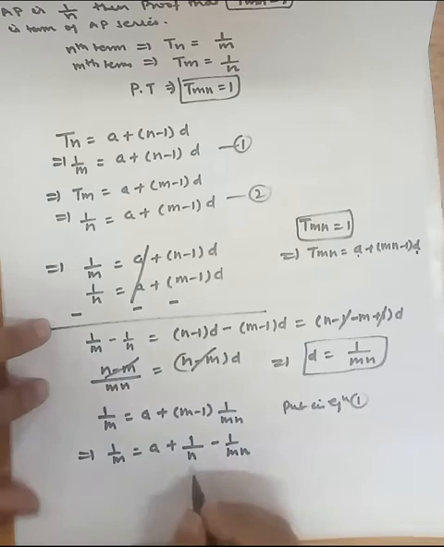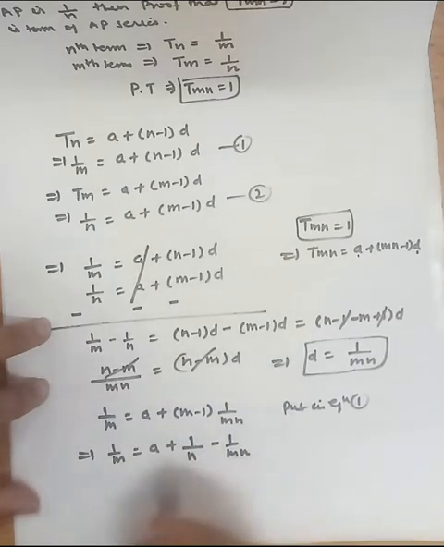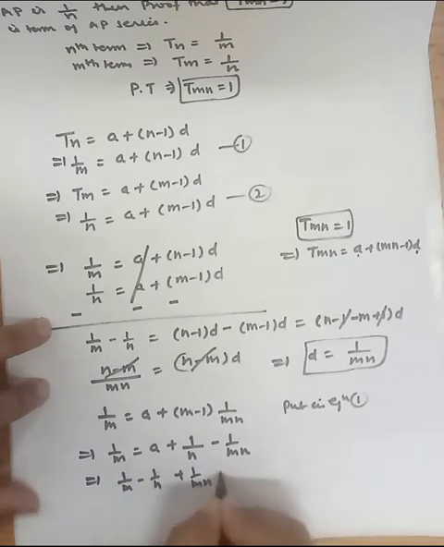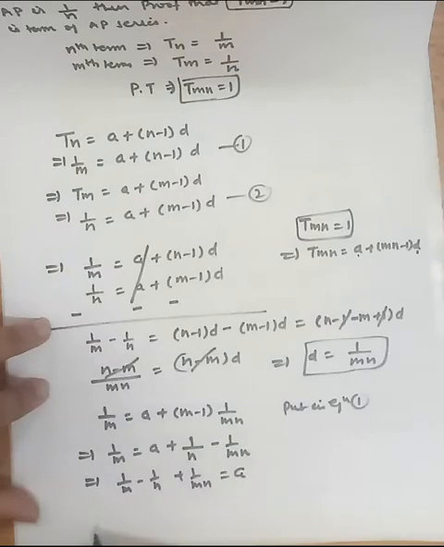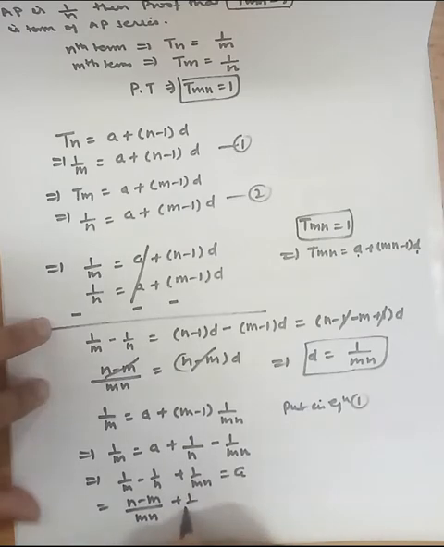Now solve. So 1 upon m minus 1 by n plus 1 by mn equal to a. Now again we solve, take the LCM mn, n minus m, a.